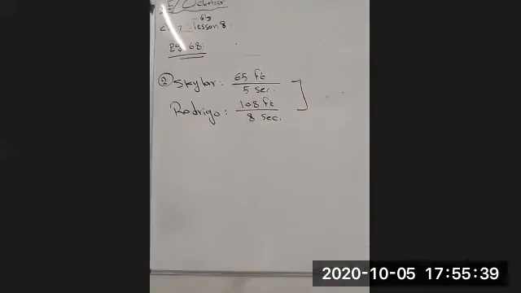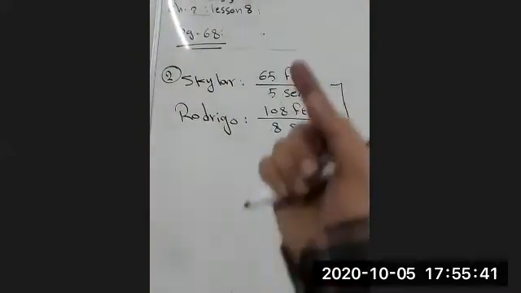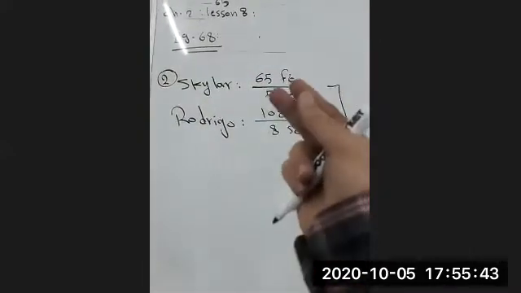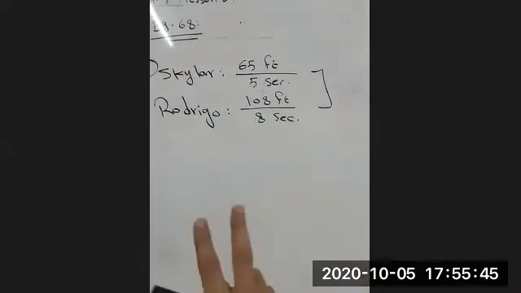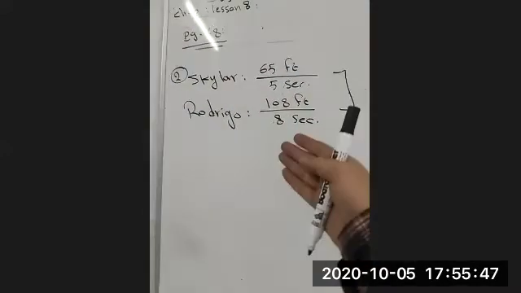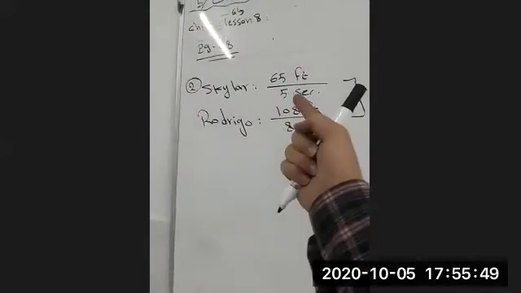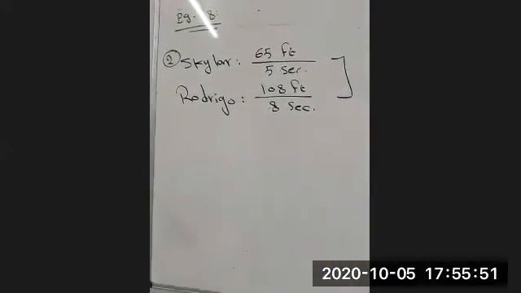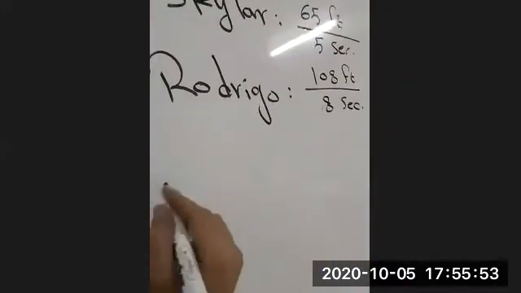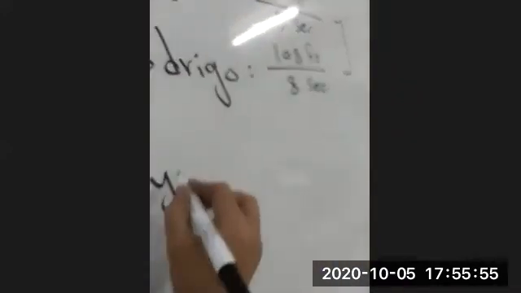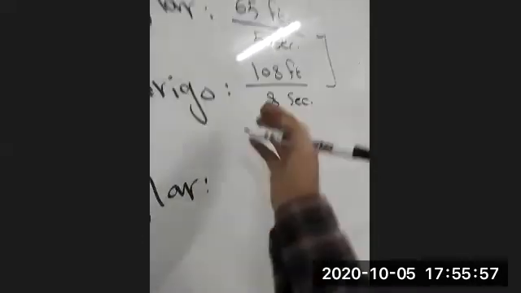Let's see both of them in 1 second, then we will compare between them. Now I cannot compare because this is in 5 seconds and this is in 8 seconds. So how do I turn Skylar's rate into a unit rate?